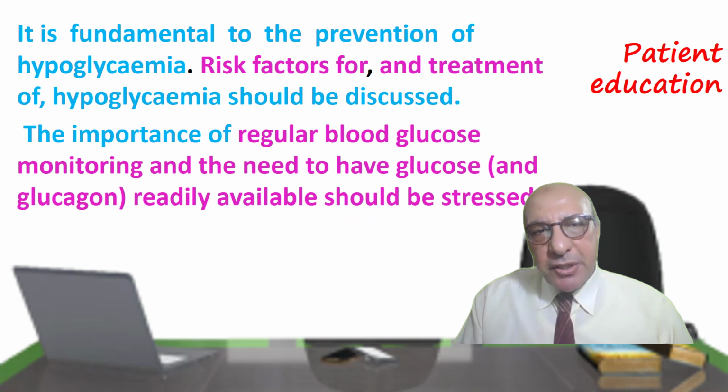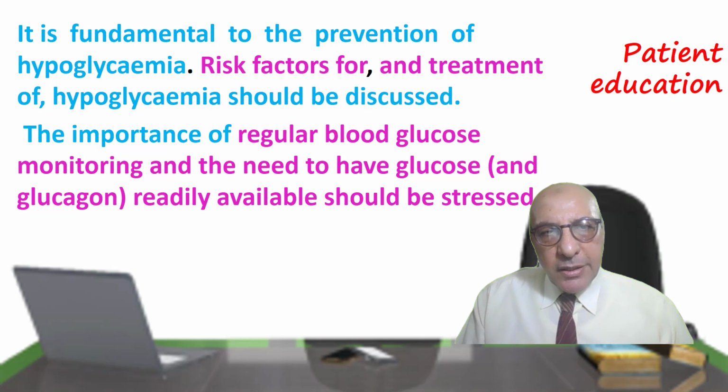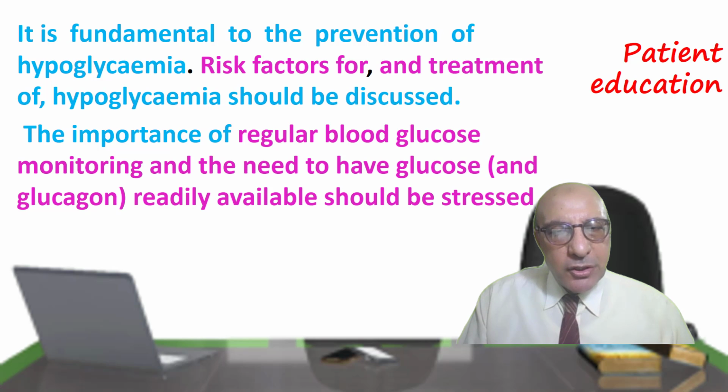The education of the patient is very important. It is fundamental to the prevention of hypoglycemia. Patients should be aware of the risk factors and the treatment, what he should do. And most important, the patient should recognize hypoglycemia symptoms when it happens so that he can take the proper action.